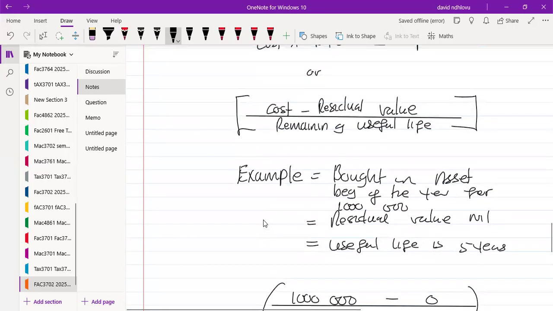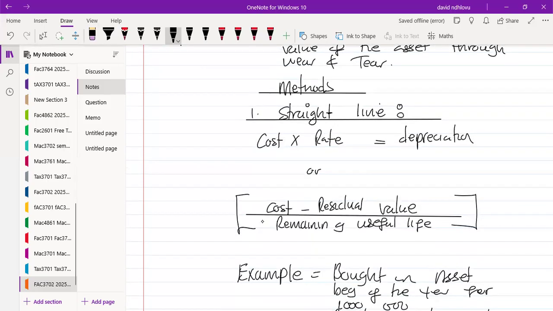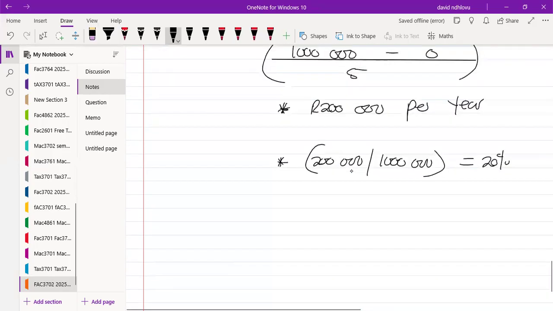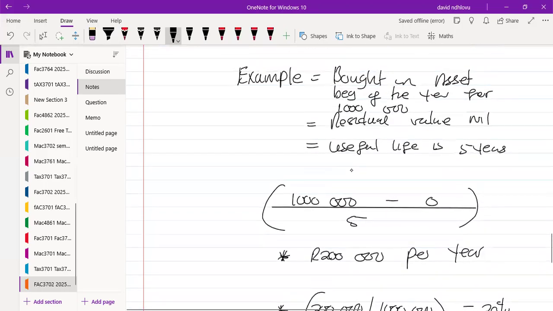So if we are now using that method, we simply say on a yearly basis that multiplied by 20%, and we get the 200,000. So the percentage is actually derived from this calculation. It's just a shortcut. But remember, you must divide by the depreciable amount, which would be the amount after you have deducted your residual value, if you have residual value in your question.